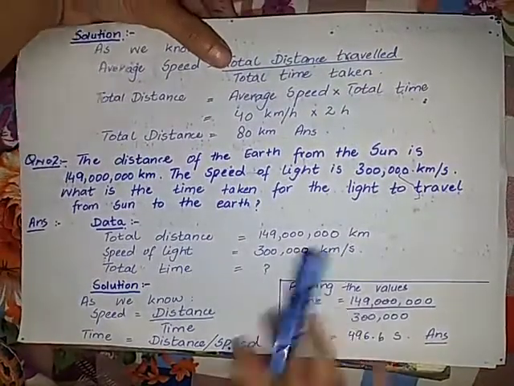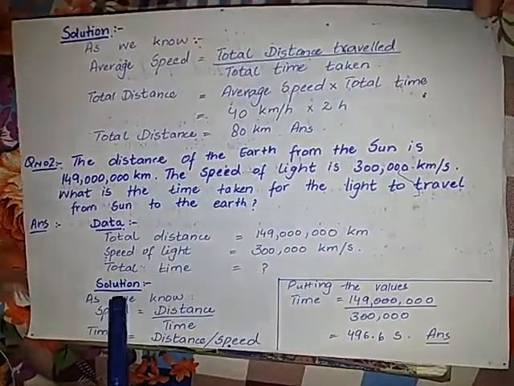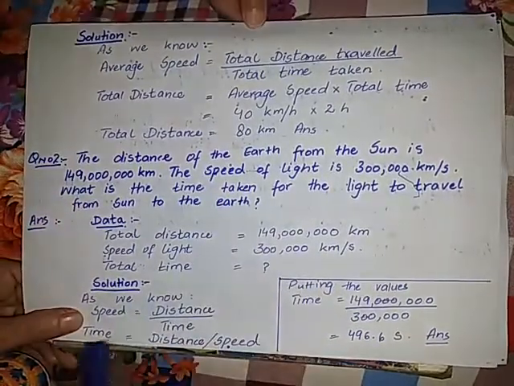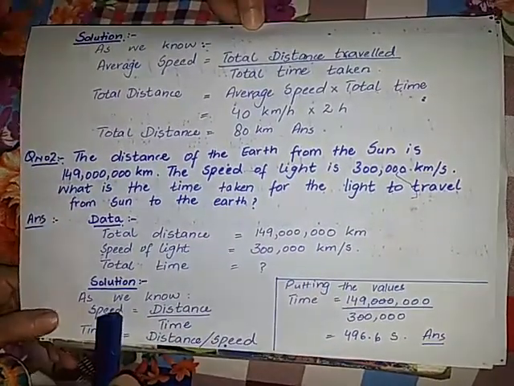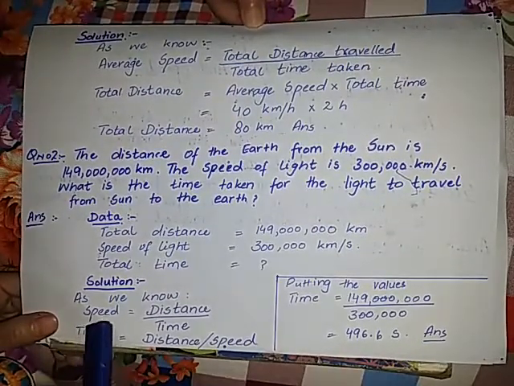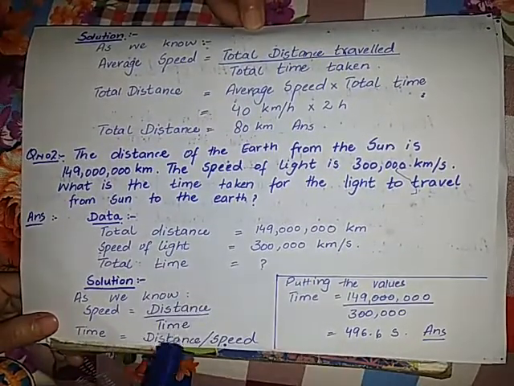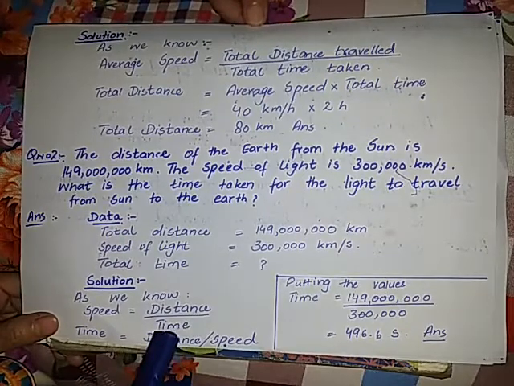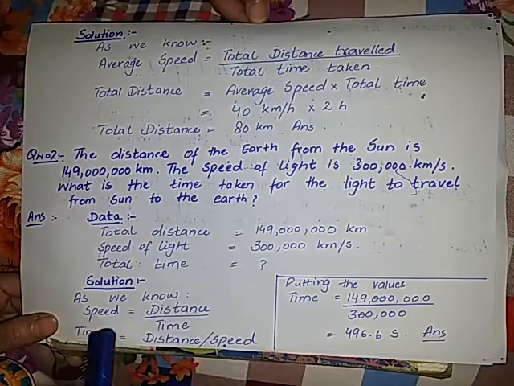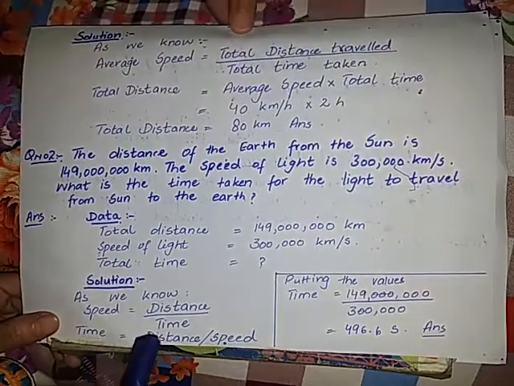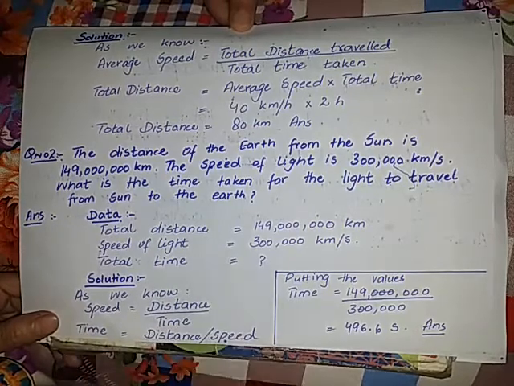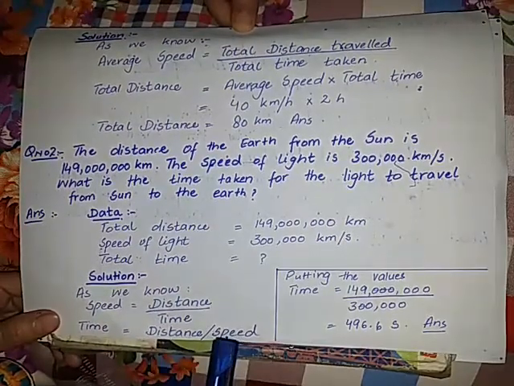So by writing the solution over here, as we know, the formula of speed we already studied: speed is equal to distance divided by time. Students, by rearranging the formula, as we have to find the time, we write time over here, and by taking the speed to the other side, we get the formula distance divided by speed.